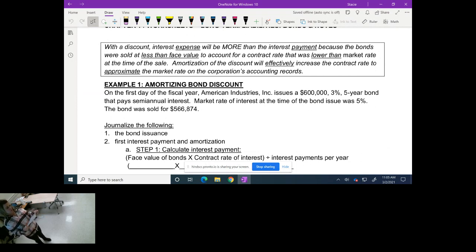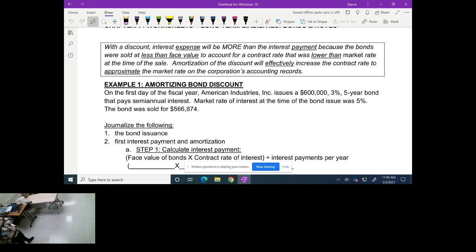So let's just kind of review a little bit with discounts. The reason that a company would sell their bonds at a discount is that the interest that they're going to pay on their bond is an interest rate lower than what they could go out and buy on the market. So they have to give them some sort of incentive to buy their bonds.